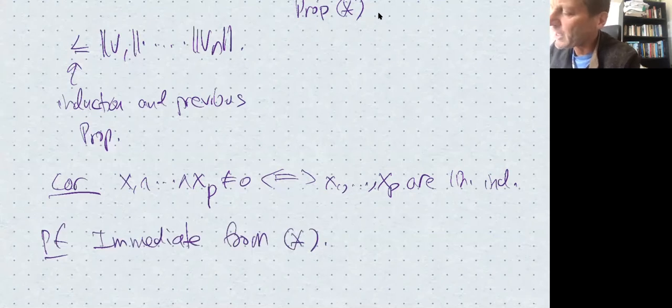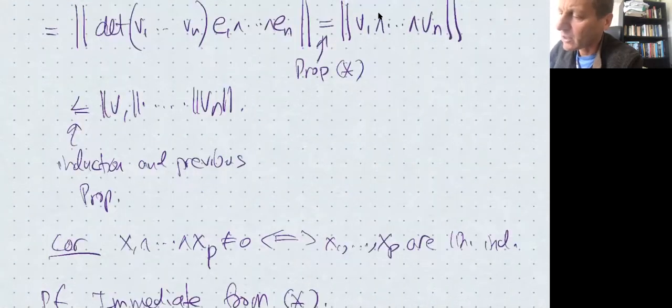Let's first prove the implication that if they are linearly dependent, then this is zero. So in other words, if this is not true, then this is not true. If there's a linear relation between the xi's, for example, suppose xp is a linear combination of the other xi's.